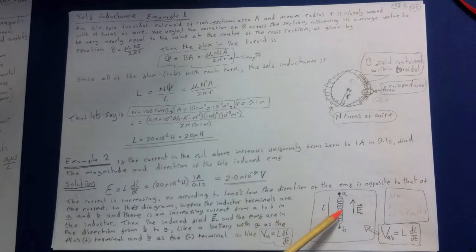Then the induced field E_n and the EMF are in the direction from B to A. Because it wants to oppose the current, we end up with an induced field going in the opposite direction.